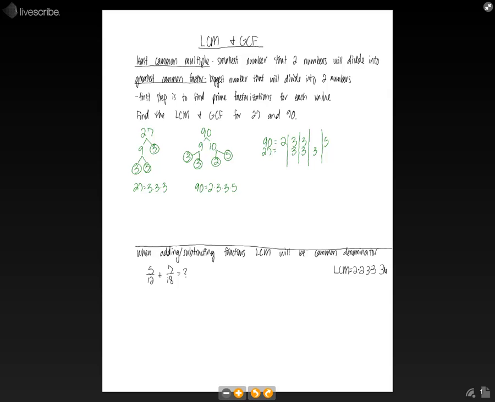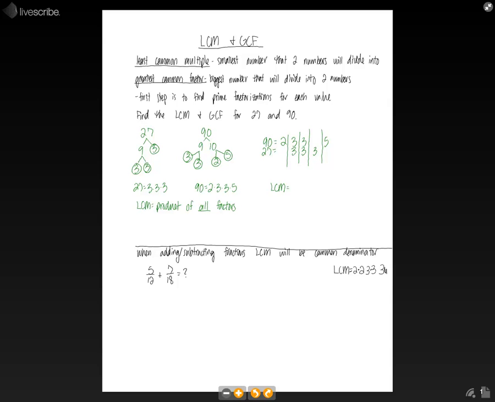So it's just rewritten. And in order to find the LCM, we look back at our definition and we know it's the smallest number that two numbers will divide into. So the LCM is going to be the product of all of the factors that we found.